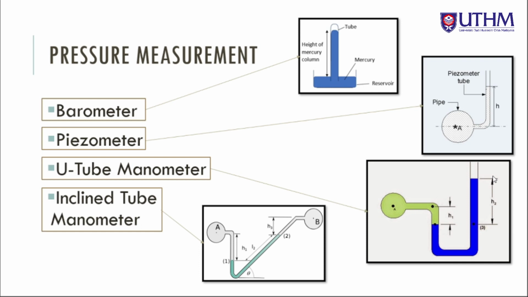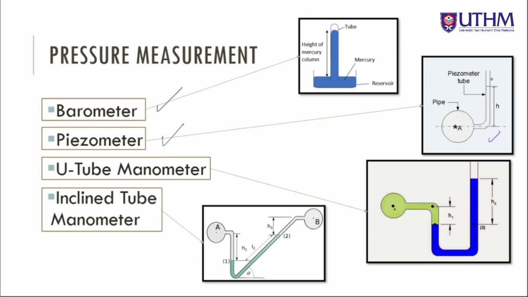These are devices we can refer to for measuring pressure, and these are also the devices we consider for this subject, for this course. As we can see, the first one is the barometer. It has an inverted cylinder with mercury, and with a barometer we can measure the atmospheric pressure.